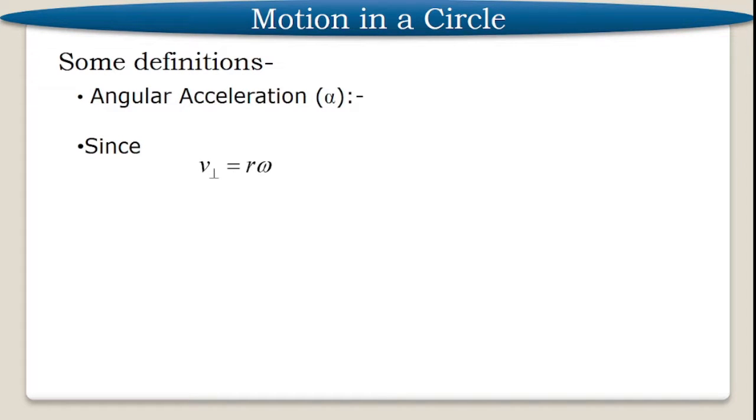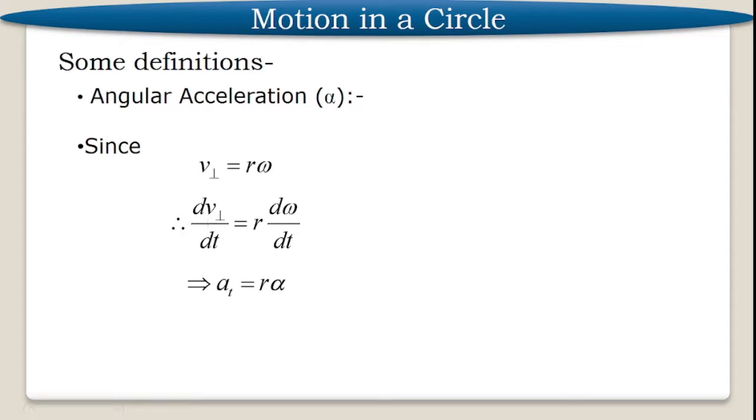Since v perpendicular is equal to r omega, by differentiating it with respect to time, we get d v perpendicular by dt is equal to r d omega by dt. And this d v perpendicular by dt represents linear acceleration.